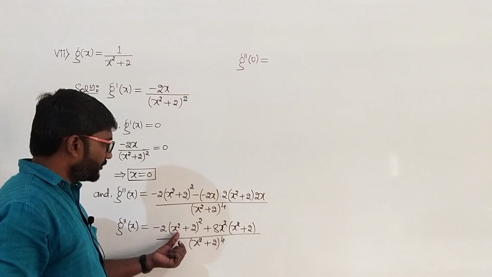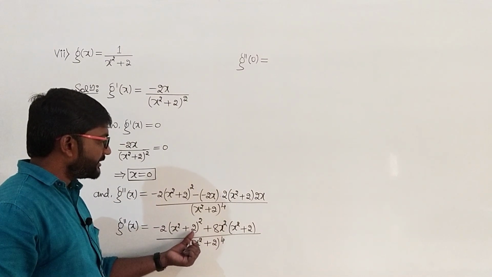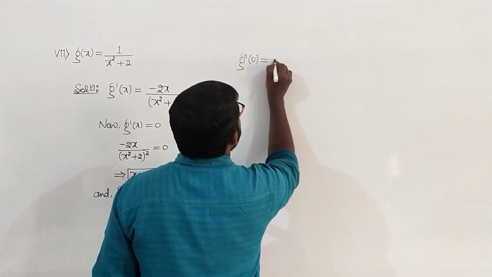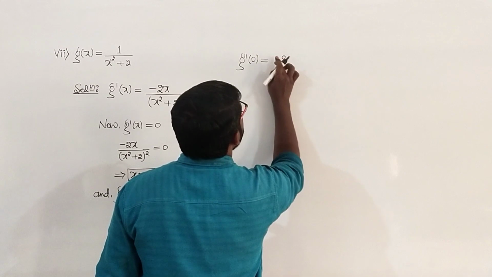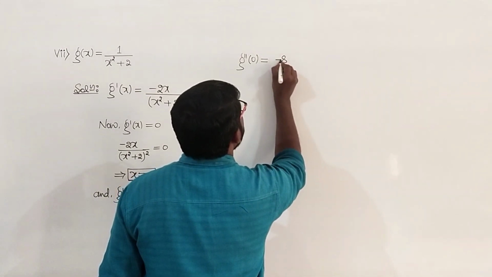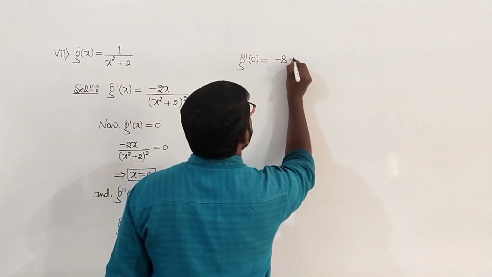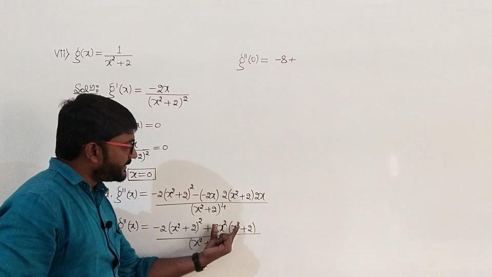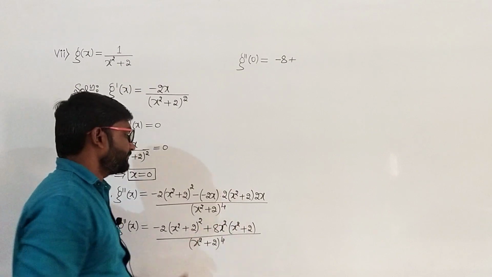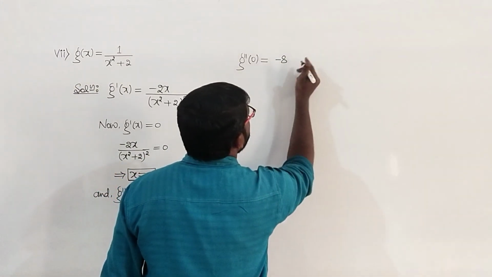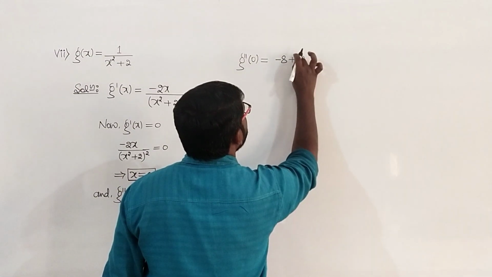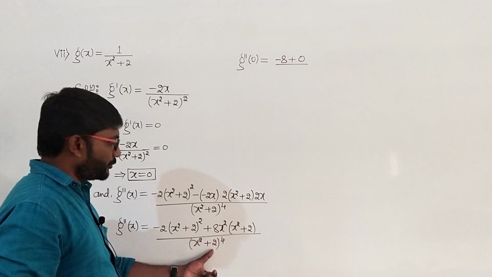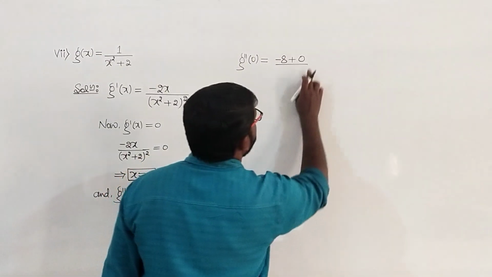So x as 0 means you get 0 plus 2, it is 2, 2 square it is 4, 4 into minus 2 it is minus 8, and then plus, so here you substitute x as 0, that means this entire term will be 0, divided by 0 plus 2, it is 2, 2 raised to 4, it is 16.